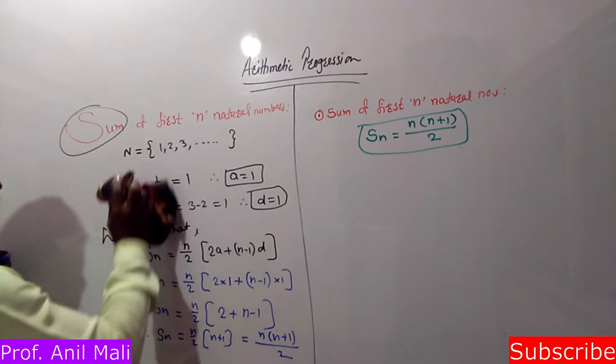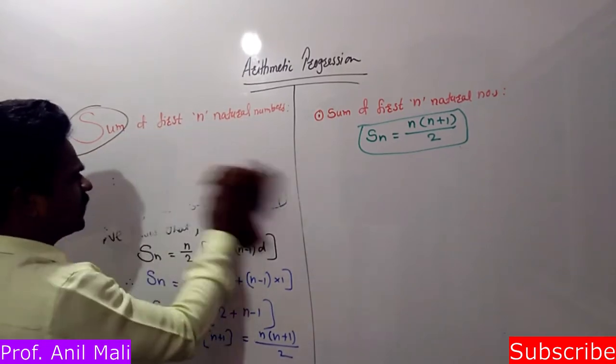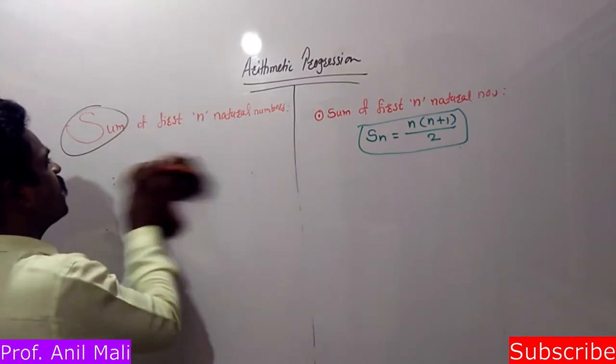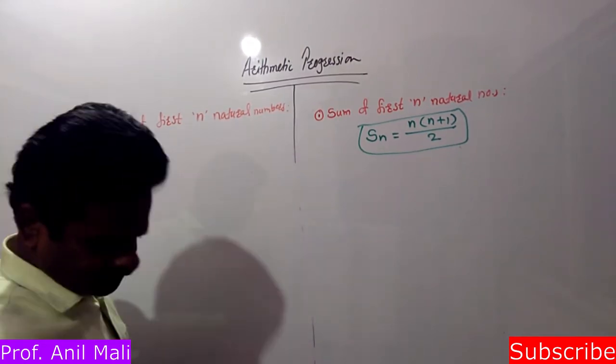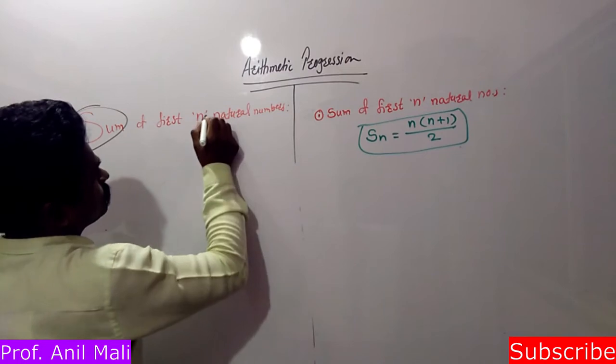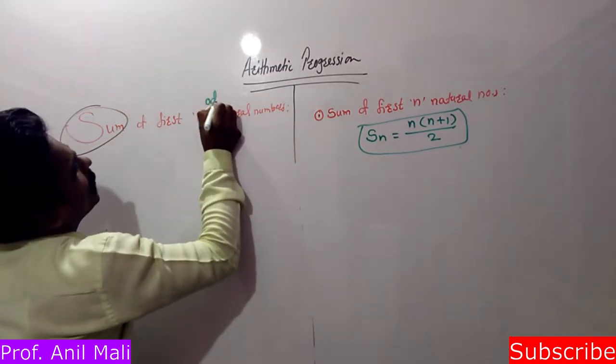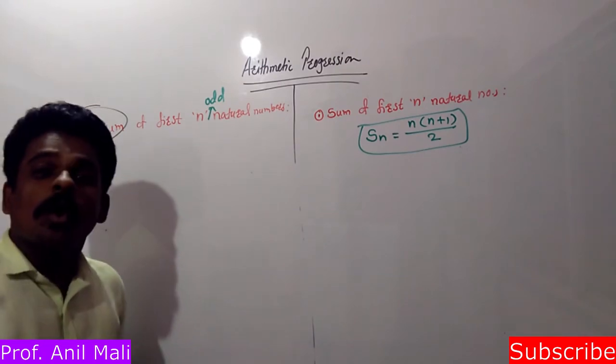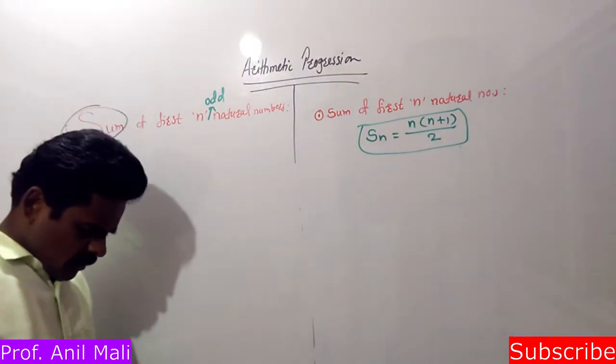Now, friends, let us discuss the second category. That is nothing but the sum of first n odd natural numbers.